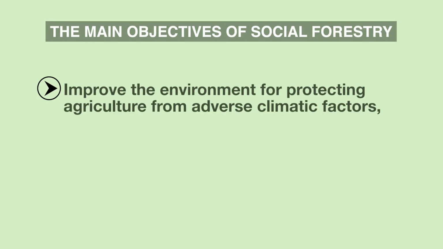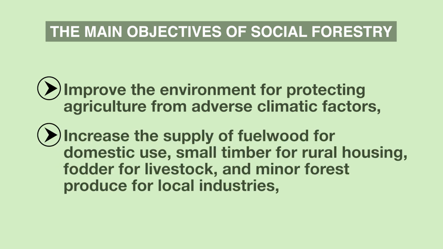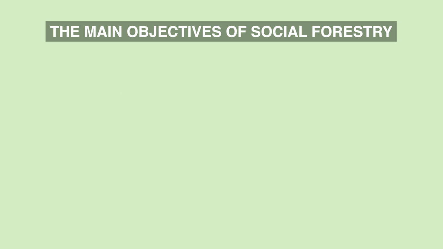After learning so much about how social forestry has been implemented, we will learn about the main objectives of this scheme. So the first objective is to improve the environment for protecting agriculture from adverse climatic factors, increase the supply of fuel wood for domestic use, small timber for rural housing, fodder for livestock, and minor forest produce for local industries.